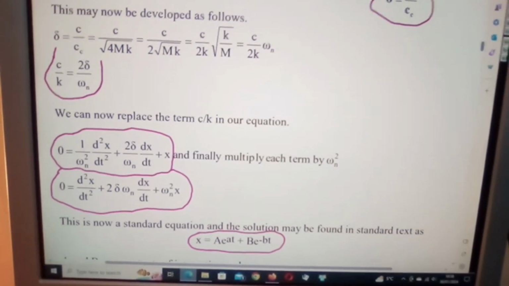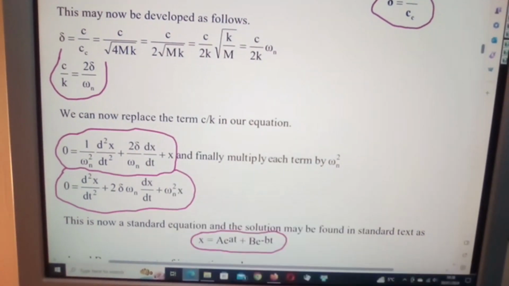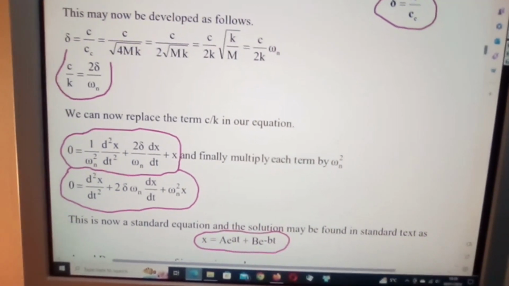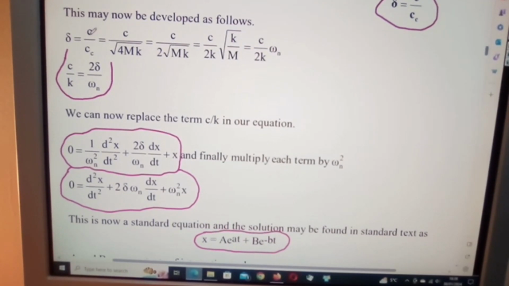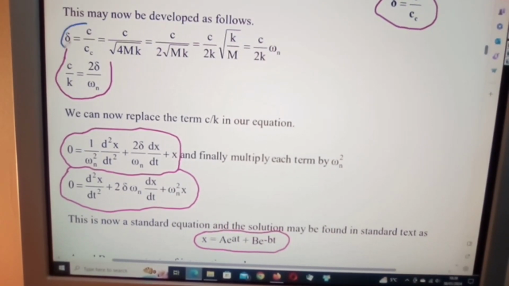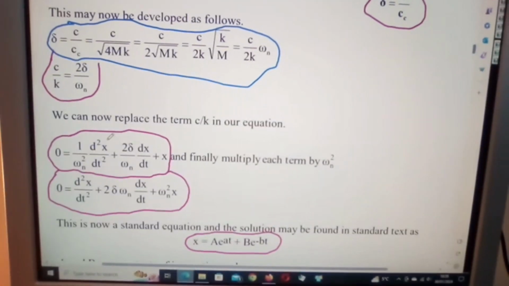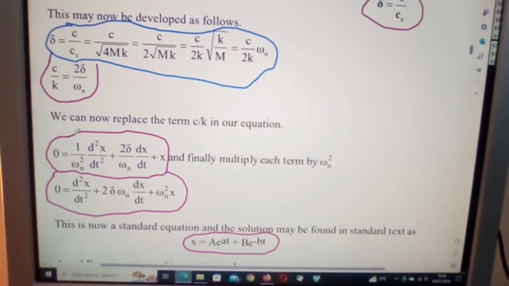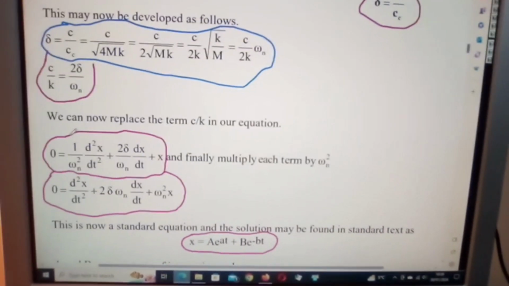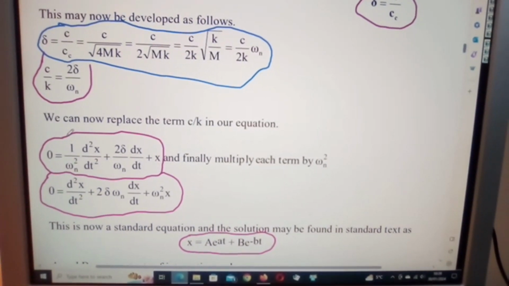This may now be developed as formulation. I'm leaving that for you to write out and to apply for yourselves, and to make sure you understand the concept.